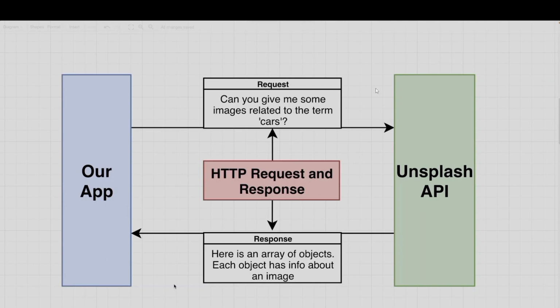And this process of request and response is known as HTTP request and response. So ये जो process है images मांगने का और array of objects मिलने का through the Unsplash API or whichever API you are using, this is called HTTP request and response.